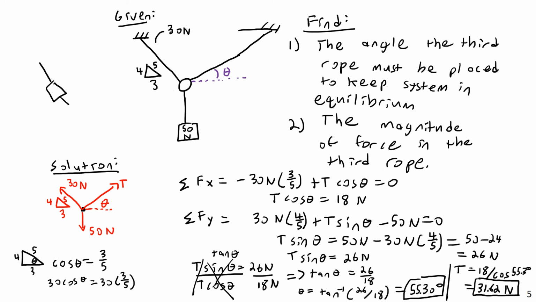Now, finally, the last thing I'd like to look at in 2D point-particle equilibrium is how we can have a system that becomes unsolvable. What happens if you try to solve for more than two unknowns on a single point particle?